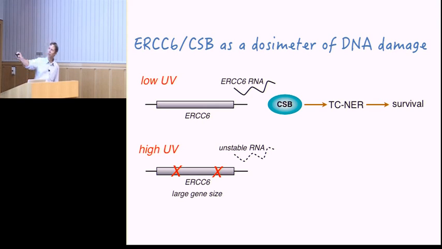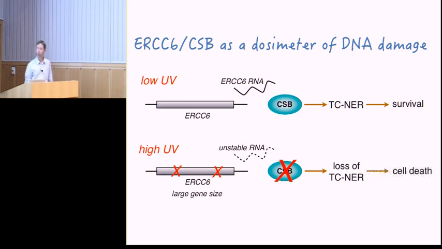Any RNA that was previously made is very unstable and will go away. The protein will not be made, and now you have a switch into survival or cell death. This is the hypothesis we put forth, that it may be a dosimeter that regulates cell death after UV.